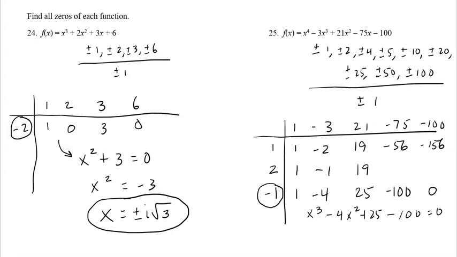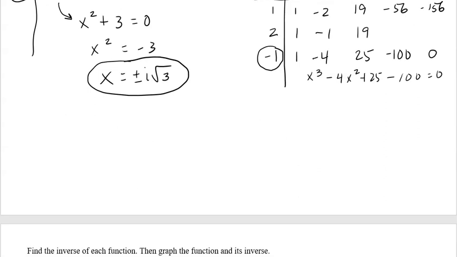So I'm going to go through the table process again using those same factors, but there's a little trick that if you recognize it, it really comes in handy. When you're at third degree and these coefficients multiply together to equal the constant, 1 times -4 times 25 equals -100, then that tells you that the 0 that you're looking for will be the opposite of whatever's in front of x squared.